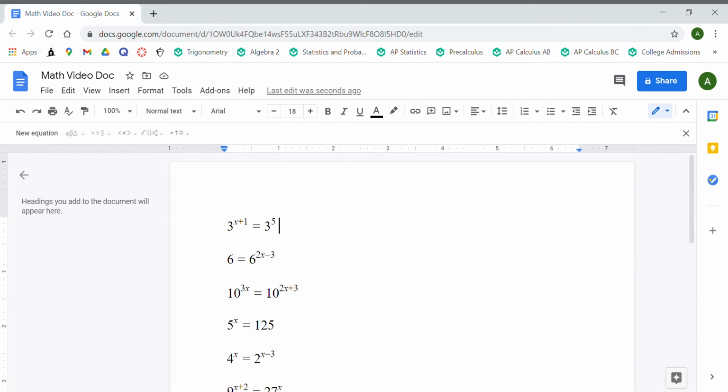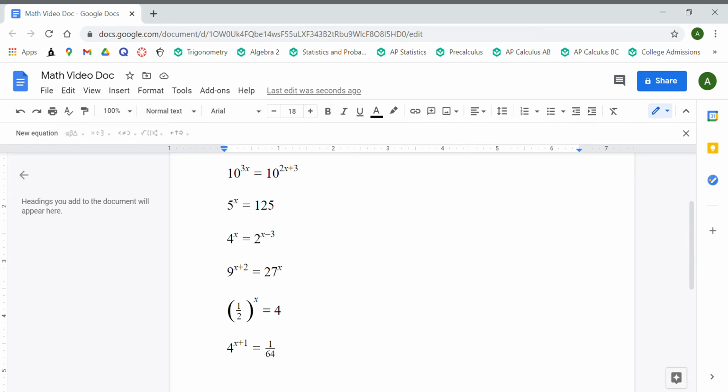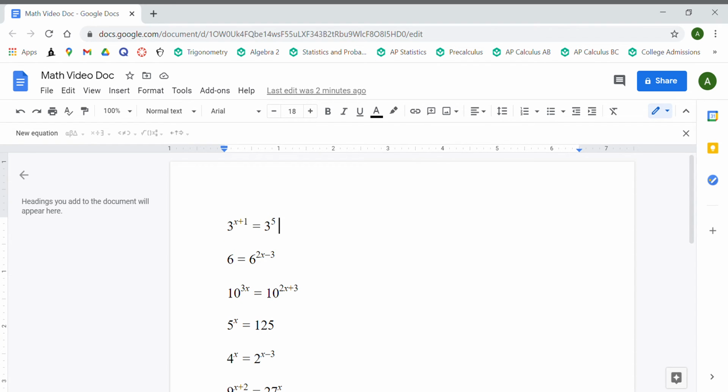However, when you get to problems like these or these, you're going to have to rewrite the expression using your properties of exponents. Once you have your bases set equal on both sides, then you can take your exponents and set those equal to each other.